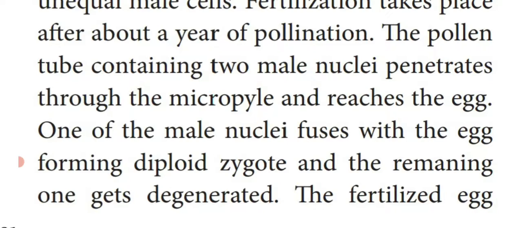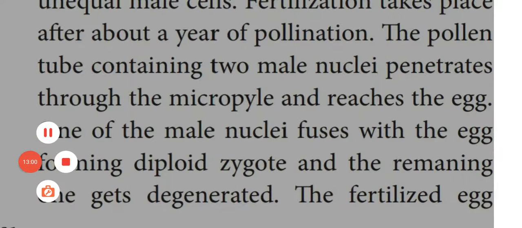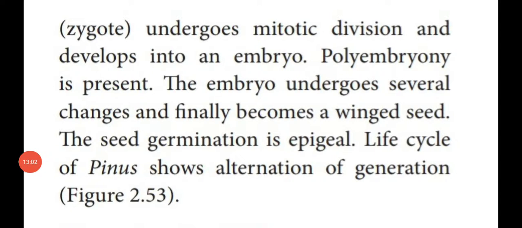Only one fuses with the egg through the micropylar region. The other one disintegrates, that means destroyed. So the male gamete and the female gamete fuse together to form a diploid zygote. The zygote develops into a new sporophytic plant. The diploid zygote undergoes mitotic cell division to form an embryo.